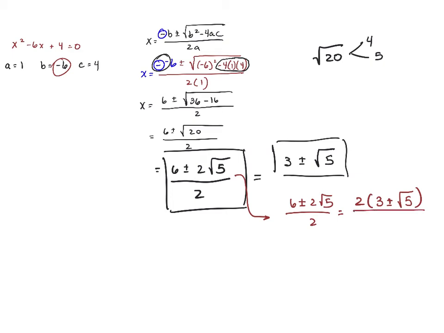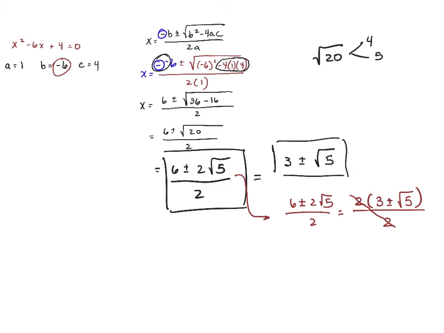All divided by 2, and see now we have these common factors right here, and they cancel out. Okay, we can't cancel with stuff that's inside the radical. We have to cancel with something, in this case the 2, that is outside. So this 6 has a 2 in it, so does this 2. 6 is divisible by 2, 2 is divisible by 2, so we divide them both by the 2 in the denominator. So 3 plus or minus root 5, our best answer.